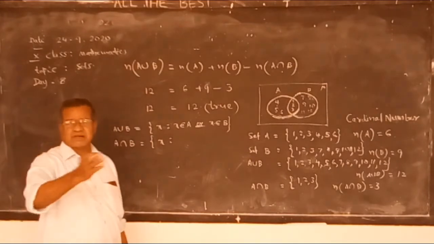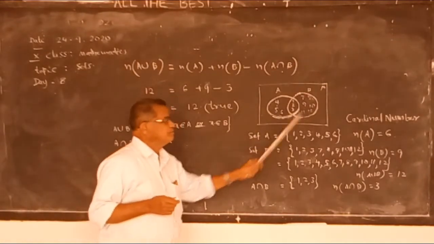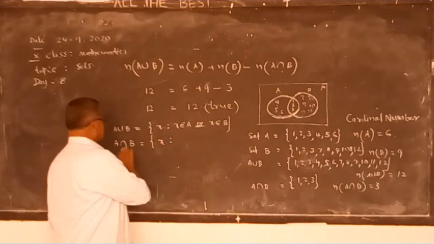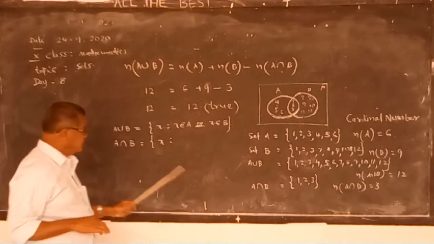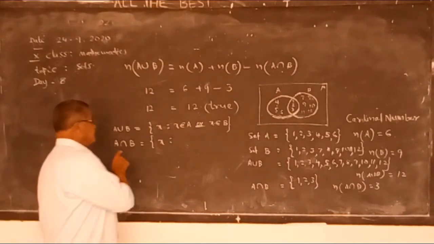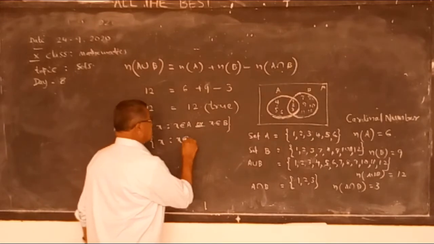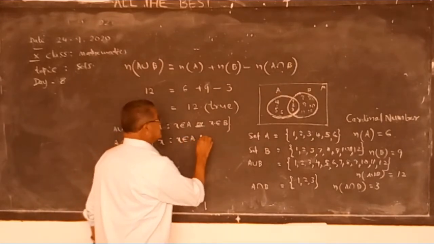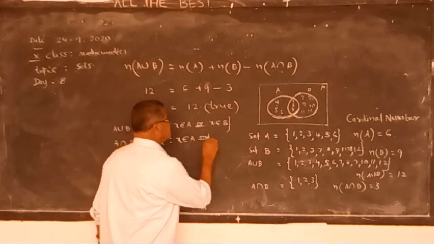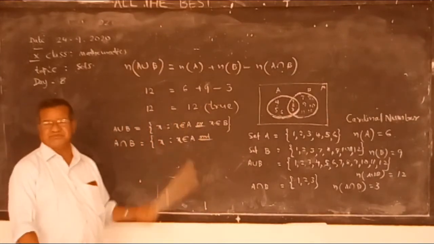It is the common element in both set A and set B. See how to express this in set builder form. x is such that x belongs to A, and here we write the word AND because it is common in both.